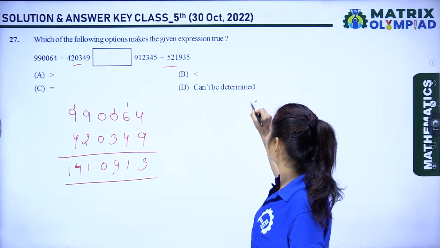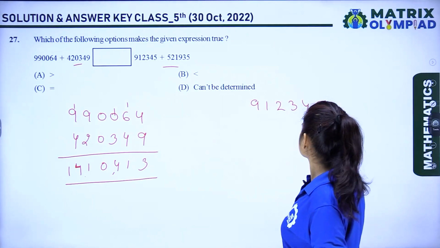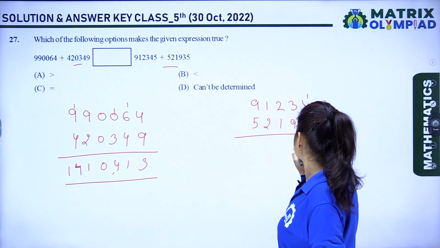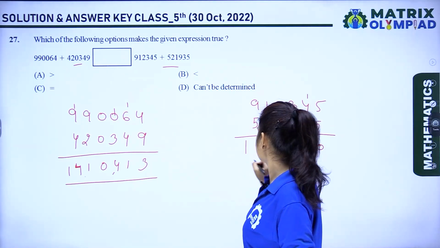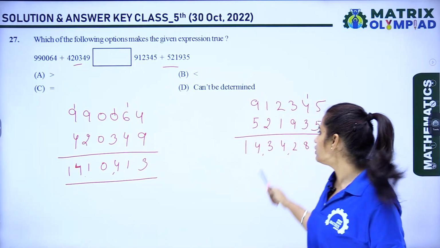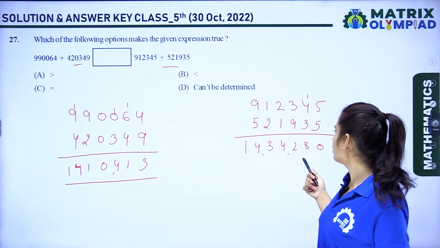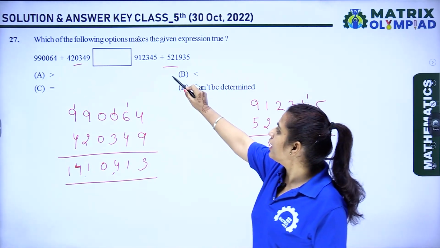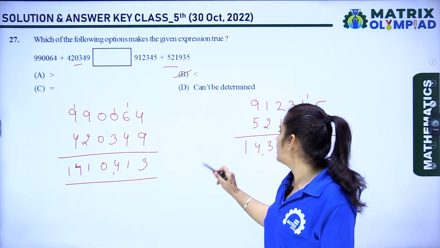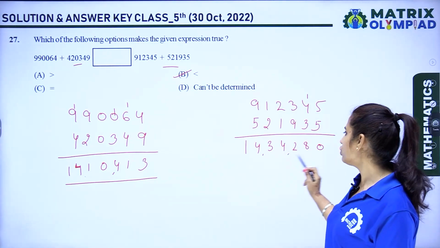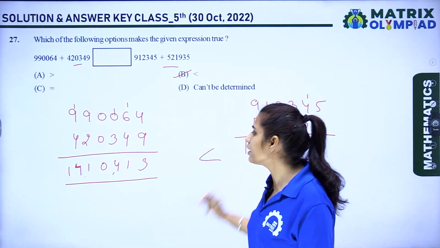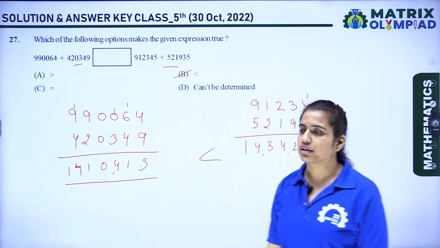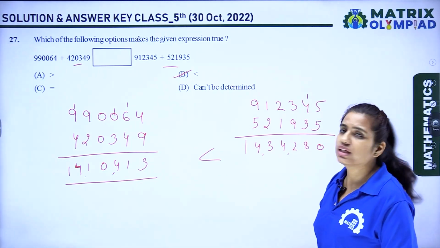And for the next calculation, the next one is 14,34,280. So according to the option, we can say that option B is the correct answer, as 14,34,280 is greater than 14,10,413. So B is the correct answer.